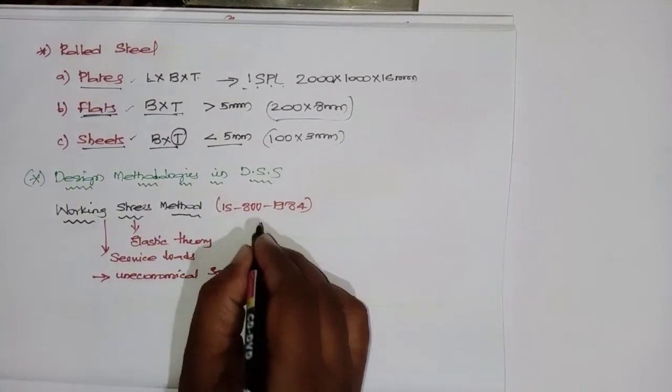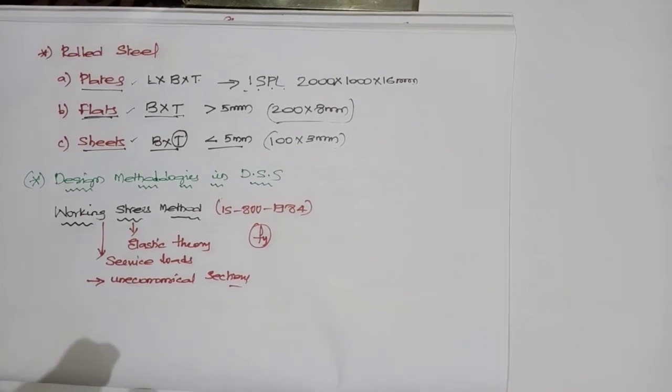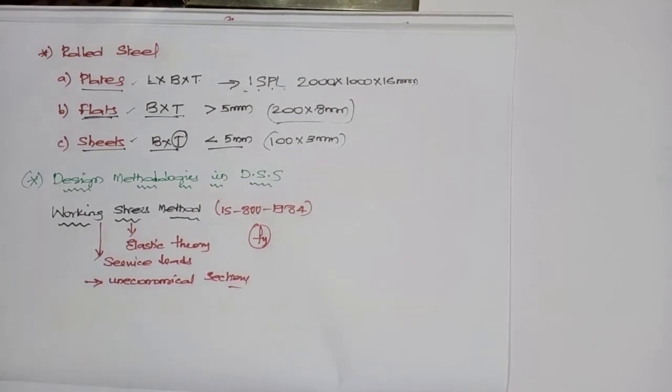It is limited to a maximum, meaning a member, even though it is carrying suppose some 90 Newton per mm square, we used to consider it as some 30 Newton per mm square. Based upon that only, the size of the member is increased. This is just an introduction I am giving regarding the working stress method. At present we are using what method? Limit state method.